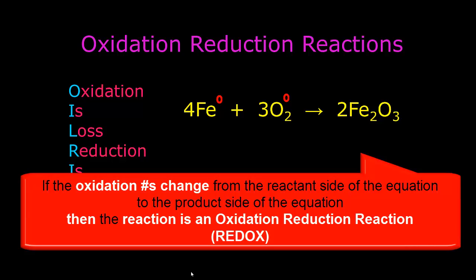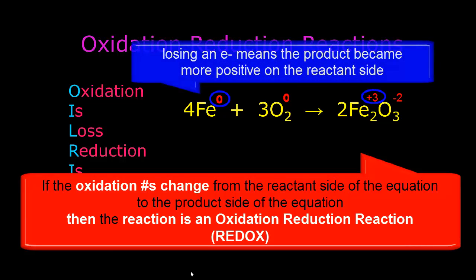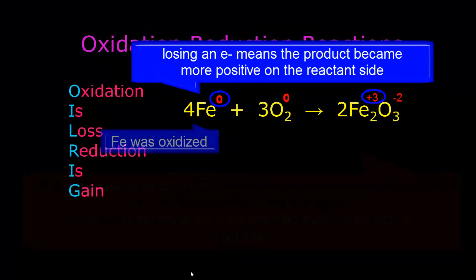Which means they have to have oxidation numbers. The oxidation number for iron is +3, and the oxidation number for oxygen is -2. So iron went from a 0 to a +3, and in order to do that, did it have to gain electrons or lose electrons? Well, it would have to lose electrons to become more positive, so the iron was oxidized.